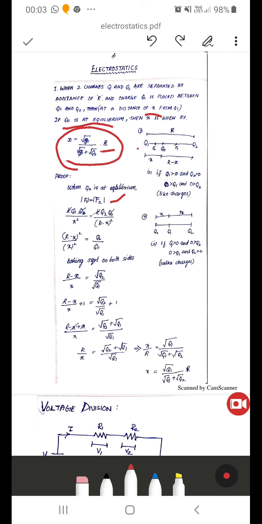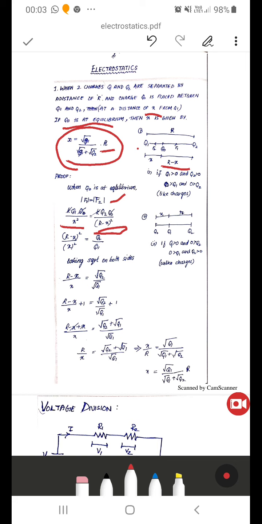So the formula comes to k into q1 q0 by x square, and in case of F2, k into q2 q0 divided by r minus x the whole square, as the distance between q0 and q2 is r minus x.